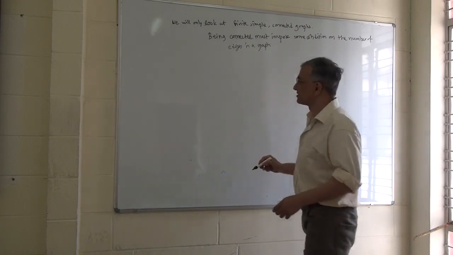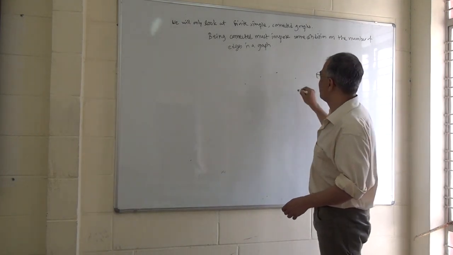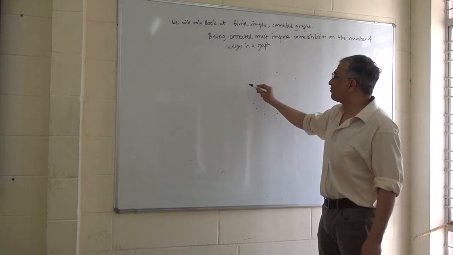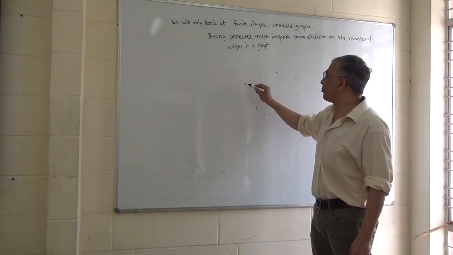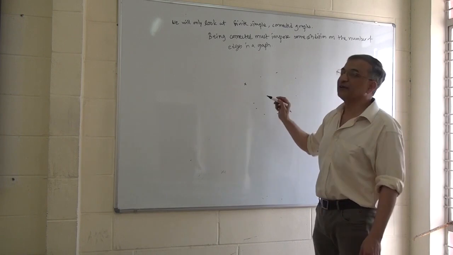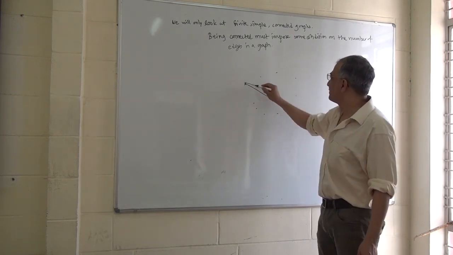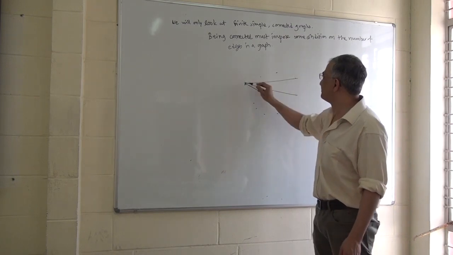This is a common process, right? Suppose I have 10 points, and I am able to go from one point to any other point by an edge. So there should be at least so many edges there.